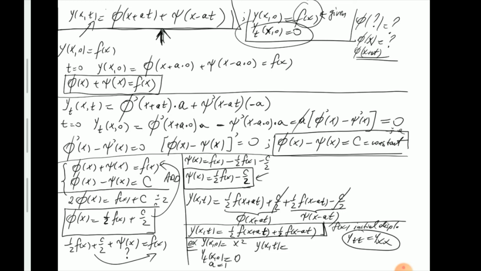Then you can write the solution to be 1/2 (x plus t) squared plus 1/2 (x minus t) squared. You can simplify that later, or you can leave it like that. So in other words, you can just plug in x plus at, x minus at into the function that gives you the initial displacement.